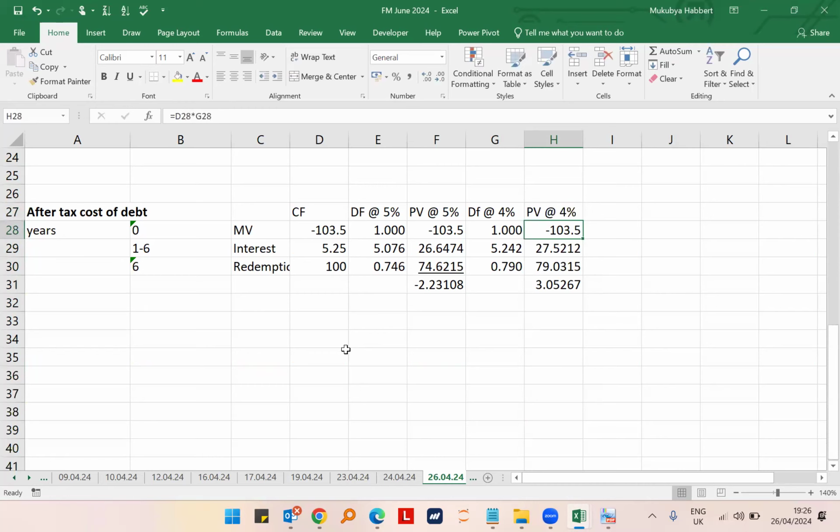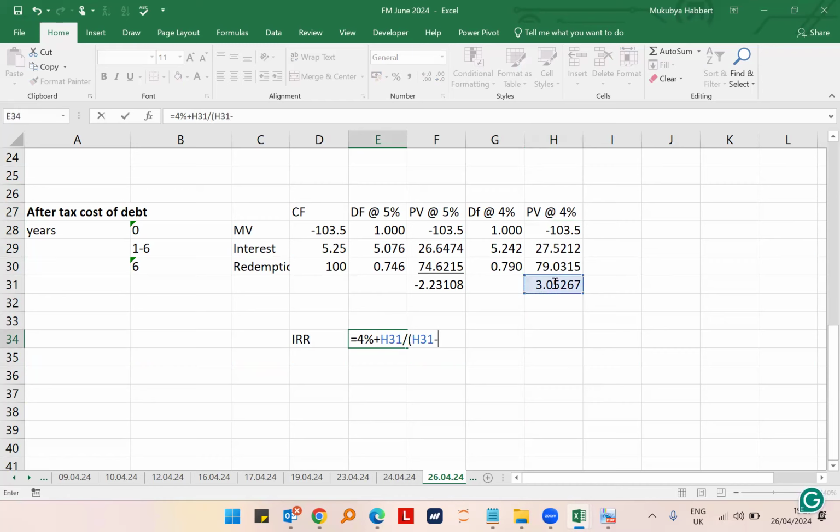So for me to get the internal rate of return, I normally take the lower discount rate, 4%. Then I add NPV at lower discount rate divided by NPV at lower discount rate minus NPV at higher discount rate, multiplied by the difference between the higher and the lower discount rate, 5% minus 4%.